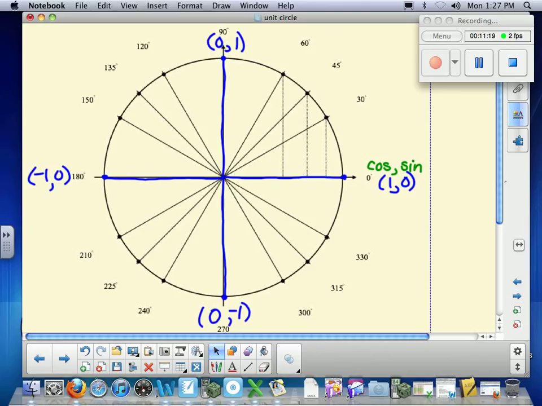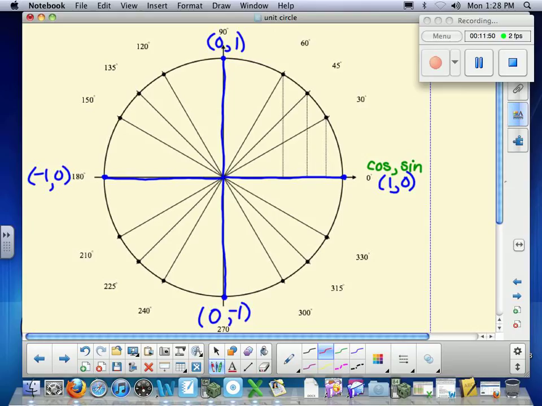The cosine of 90 degrees, 0. The cosine of 270 degrees, 0. Those are your choices when we're talking about the 4 corners: 0, 1, or -1.